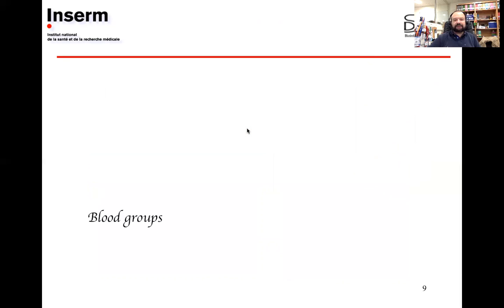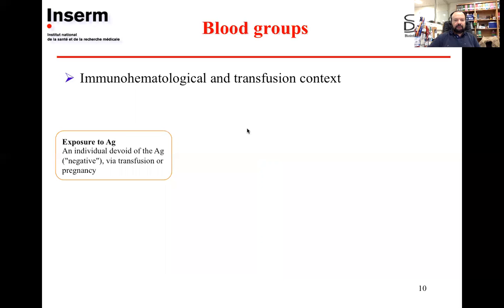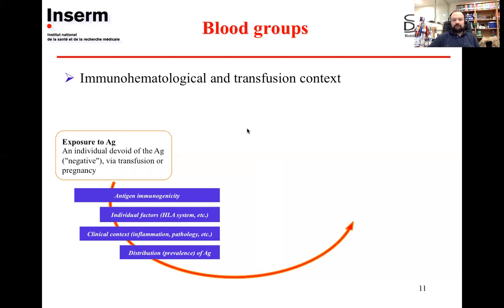The blood groups, what it is exactly, and what happens with the immunization. An individual devoid of an antigen, so he is negative to the antigen, via transfusion or pregnancy is exposed to this antigen. We have, for the antigen, a specific immunogenicity. There is, of course, individual factors for each one.